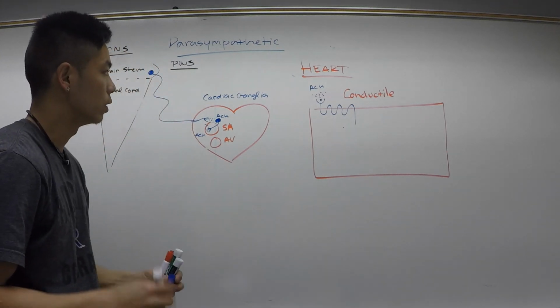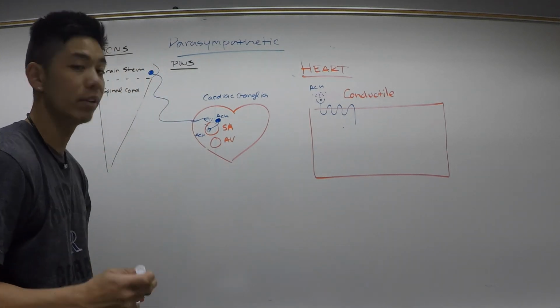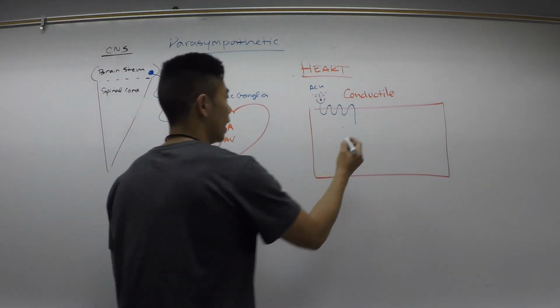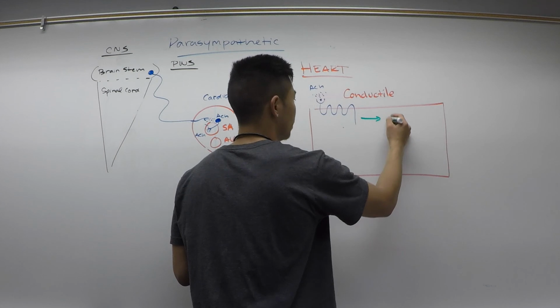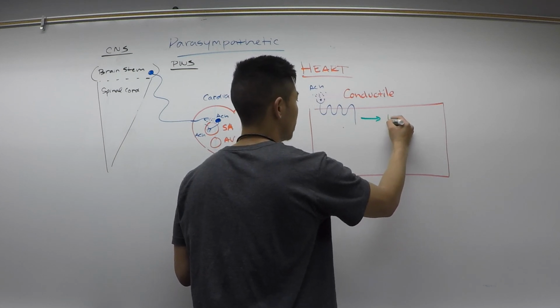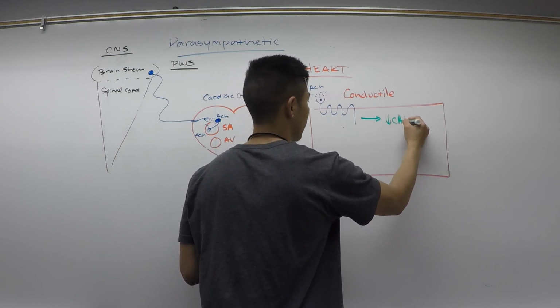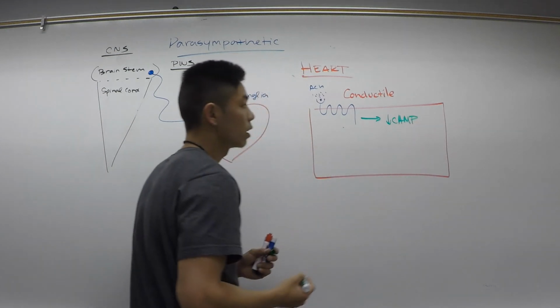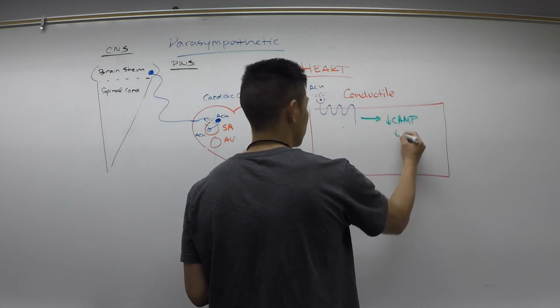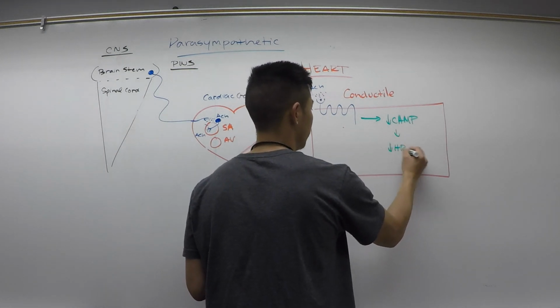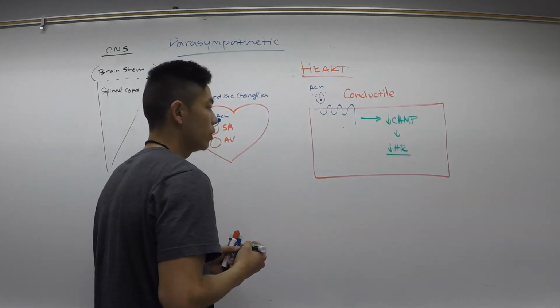And so what that's going to do is it's going to have an inhibitory effect, and it's not going to allow us to increase our levels of cyclic AMP, but it's going to decrease our levels of cyclic AMP. And so if we decrease our levels of cyclic AMP, what that's going to do is in turn decrease our heart rate.